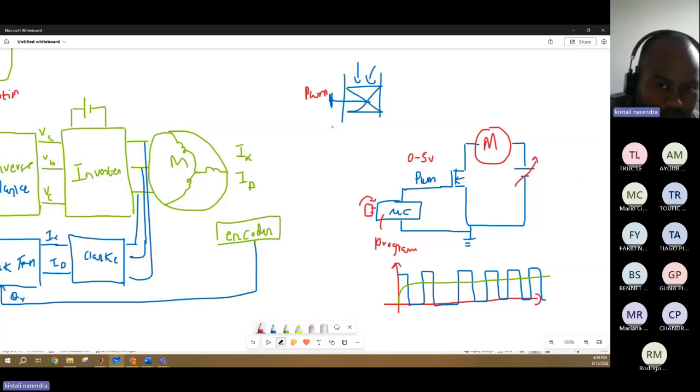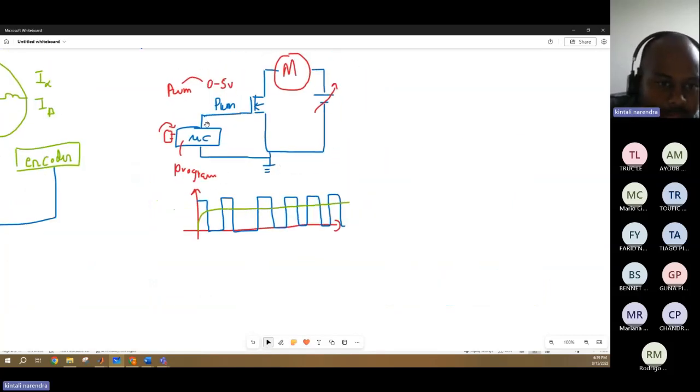Are you with me? Now this 0 to 5 volts, you need to have control over it. This is given by the PWM signal. How is it given by the PWM signal?